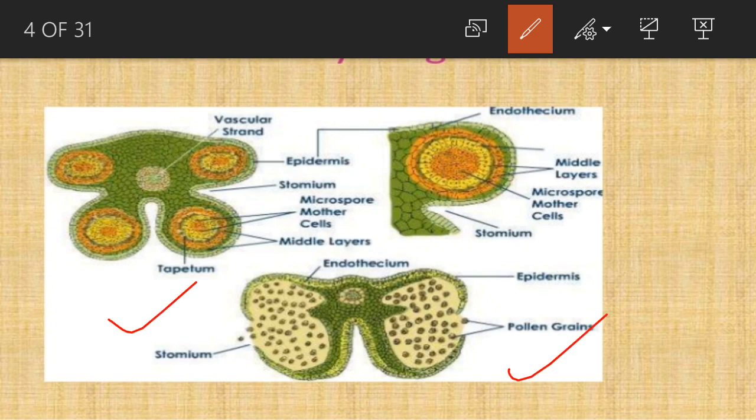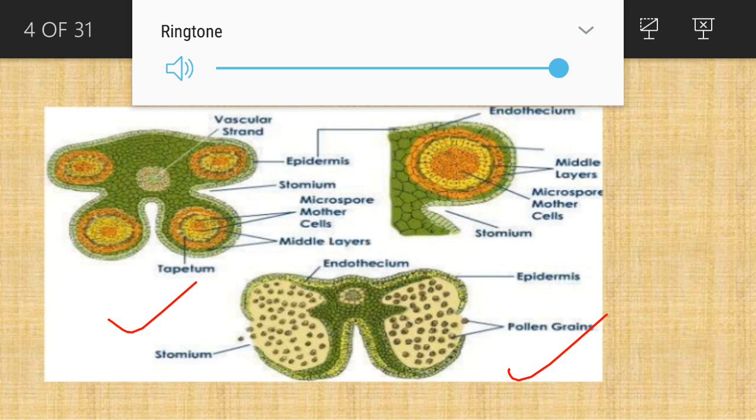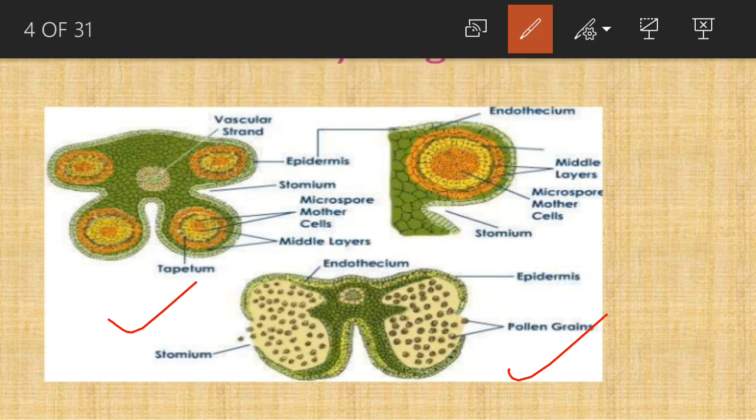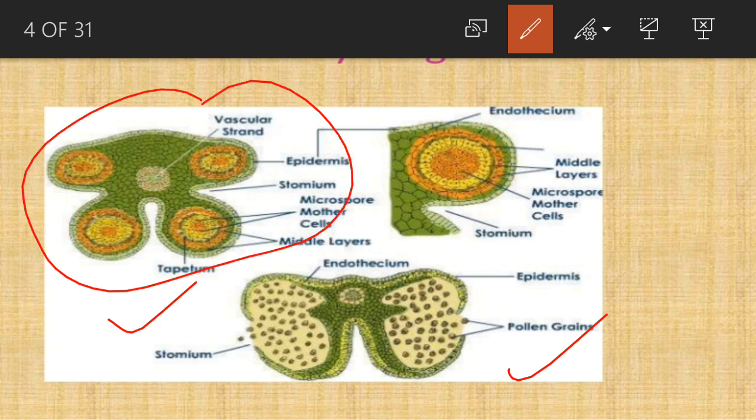The next diagram is the TS of the anther, the young stage as well as the mature stage. This is the young anther, which consists of the outer covering of the epidermis, stomium, then microspore mother cells, and the various layers.